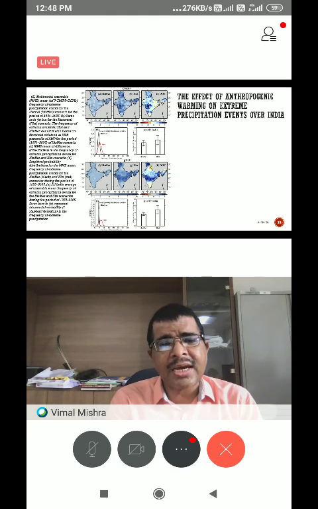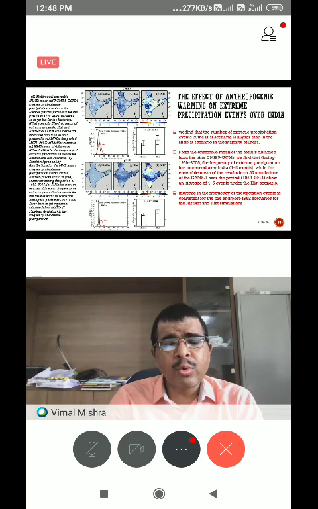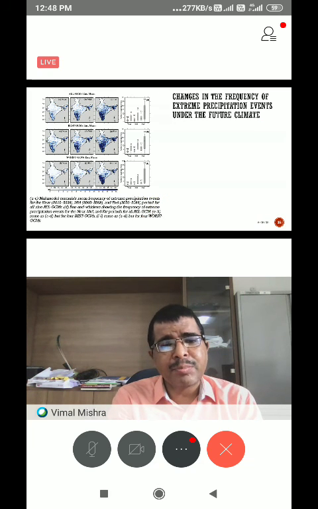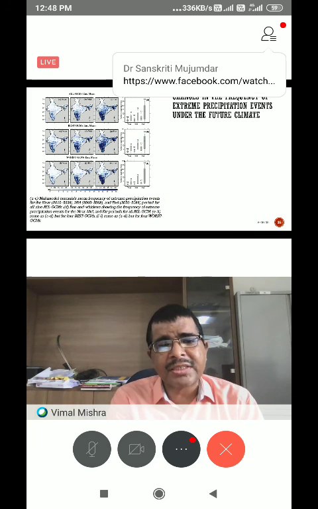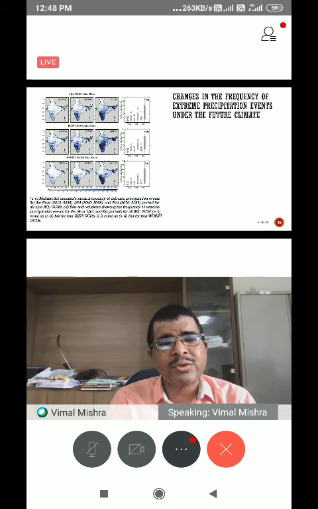That suggested that in historical, which has the anthropogenic greenhouse gas emissions, there is a significant increase in extreme precipitation events. So both daily and multi-day extreme precipitation, and remember, multi-day extreme precipitation, if extreme rainfall continues 2 to 3 days or more, those cause flooding mostly, those are likely to increase in the future as these projections suggest.